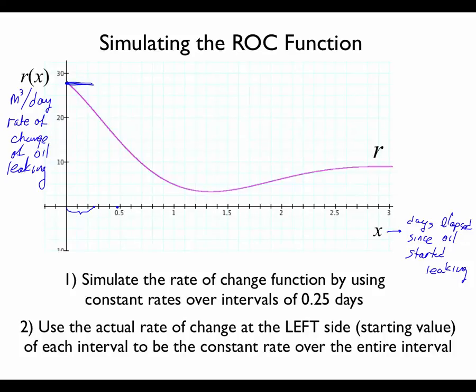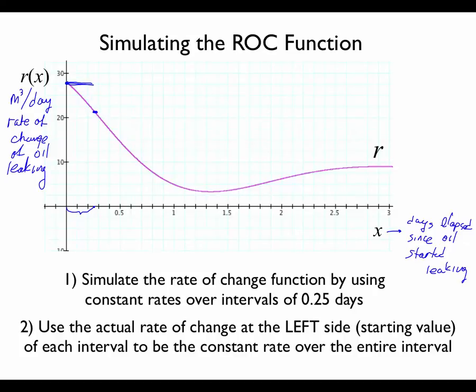So from 0.25 to 0.5, what x value do we look at? We're going to look at the left side, which is 0.25, and we're going to look at the rate of change there, which is about what? 21, 22, something like that.